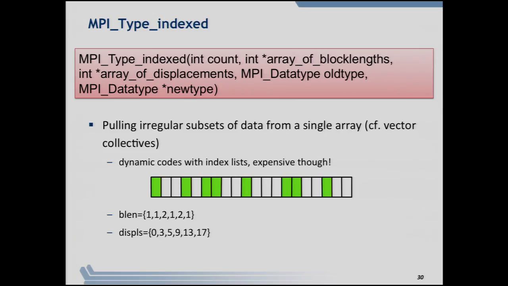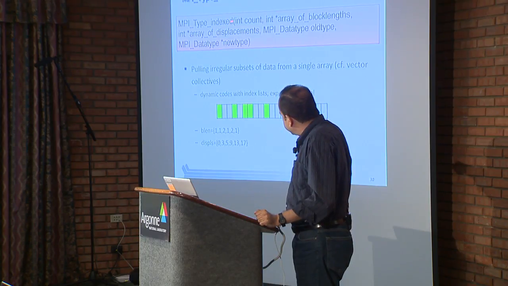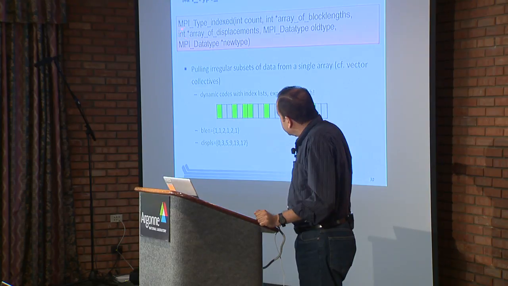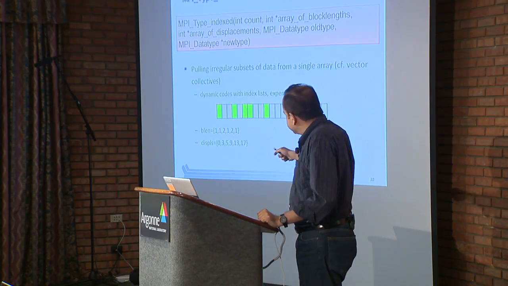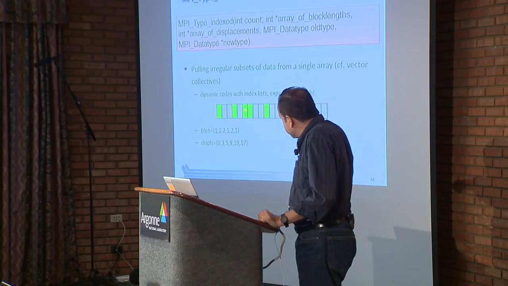Now, if you don't have a uniform stride, you can create an indexed data type. So the difference here is instead of a nice uniform stride, there are these gaps that are unequal. So the only way to represent them is an array of displacements. The difference between the vector and the indexed is that instead of that uniform stride, you have to fill in and pass an array giving the displacements of each of these blocks.